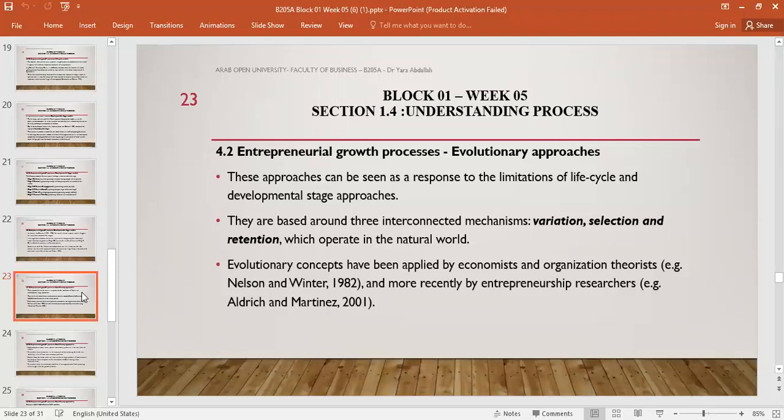Because this model tries to use interconnected mechanisms. It tries to consider variation, retention, operation of the business, and what had been applied by economists in organizational theory.